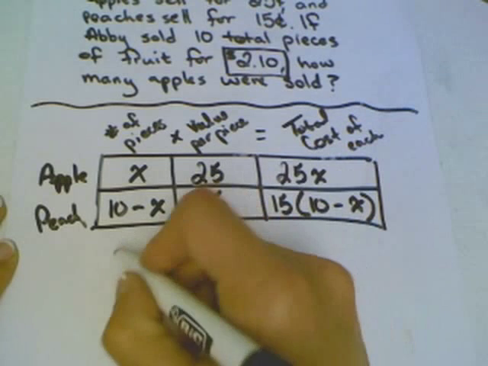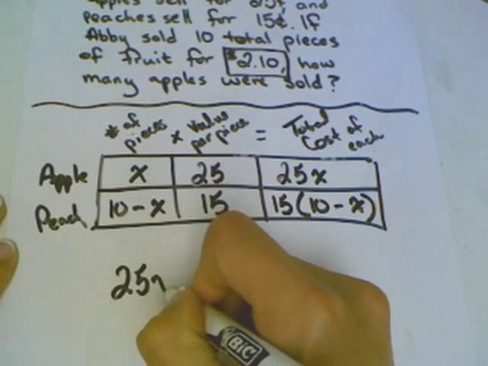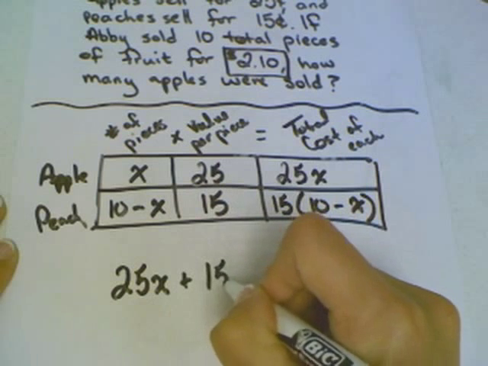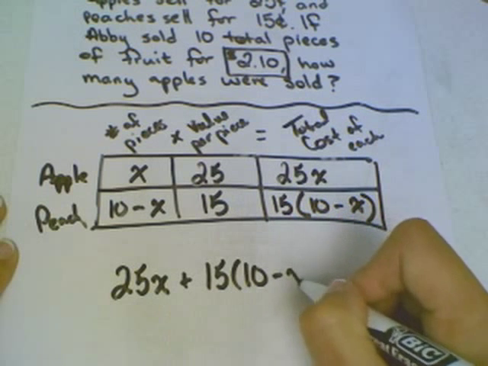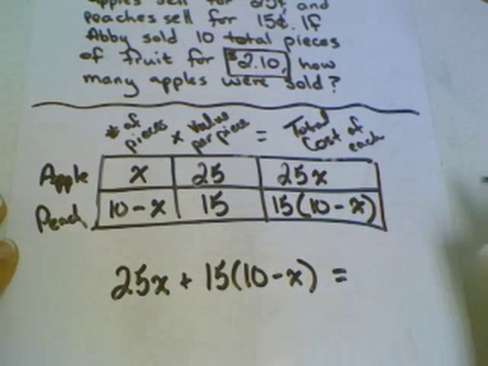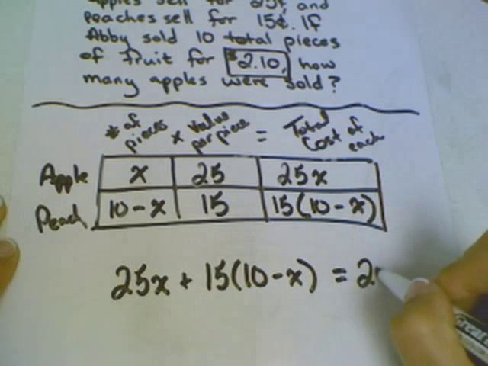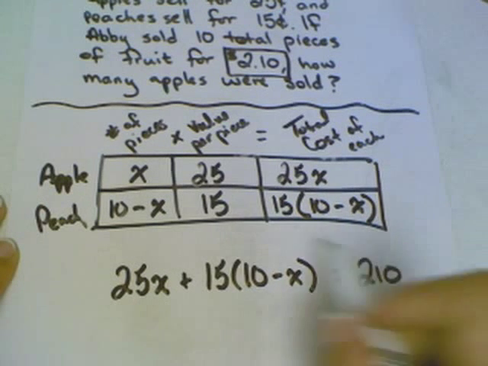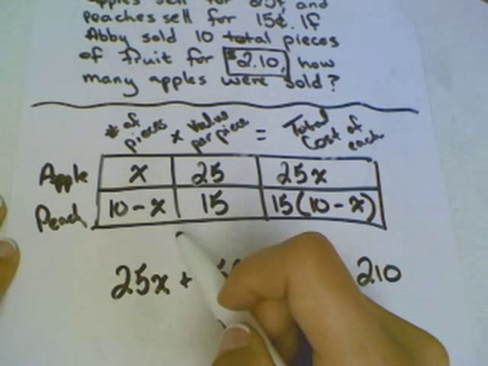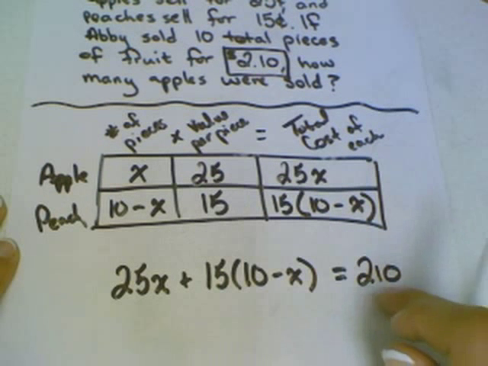The cost of the apples plus the cost of the peaches should equal $2.10. Now I'm going to use 210 because I used these values as cents as well, so my labels have to match. I'm not going to use 2.10 here.